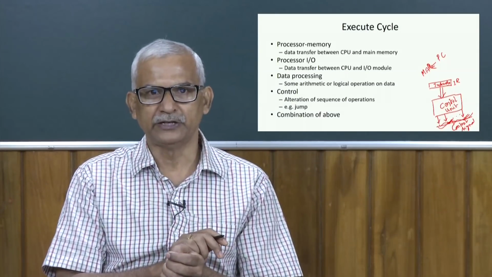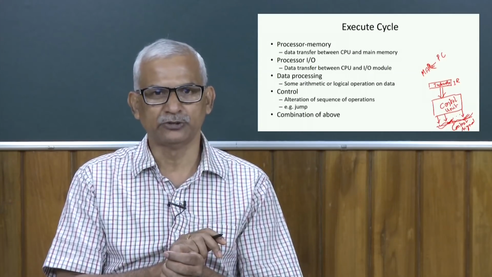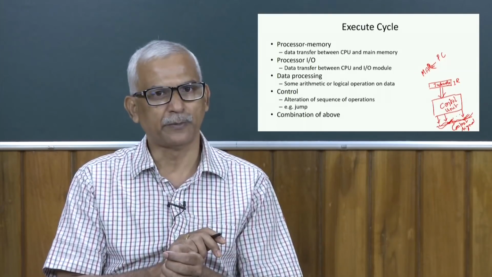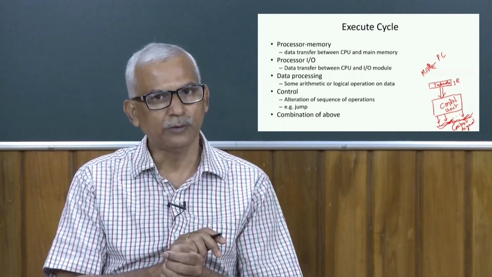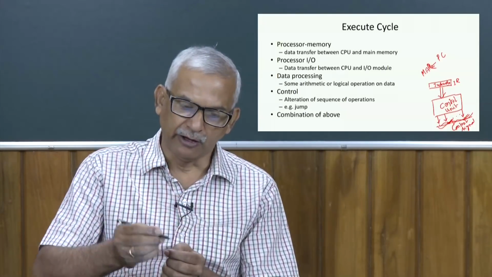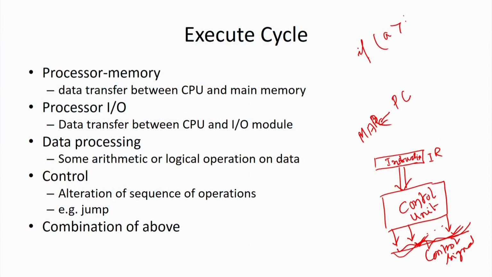And another one is control, or sequence control. In some cases we have a jump instruction or a jump on condition. Such types of operation we have to do, and for that we need an appropriate instruction. Like I have already mentioned, if you write a program such that if A is greater than B, then perform this instruction, else perform the other.